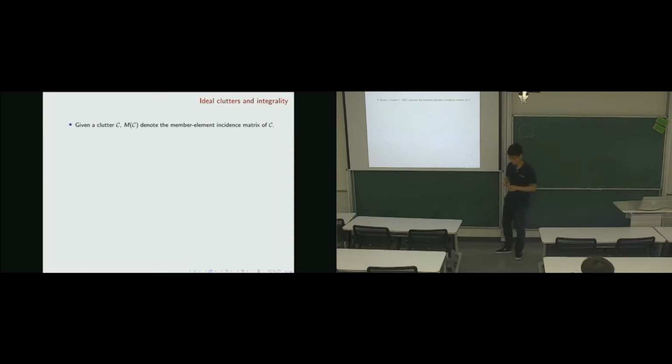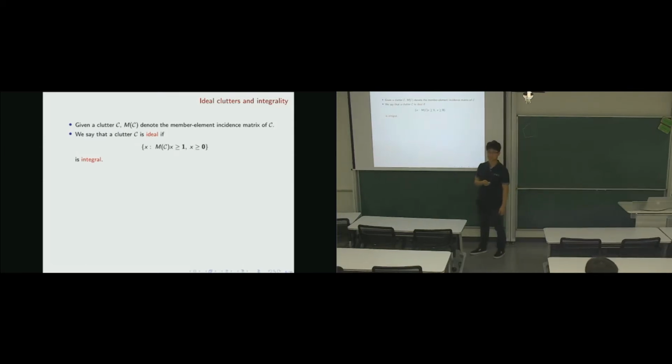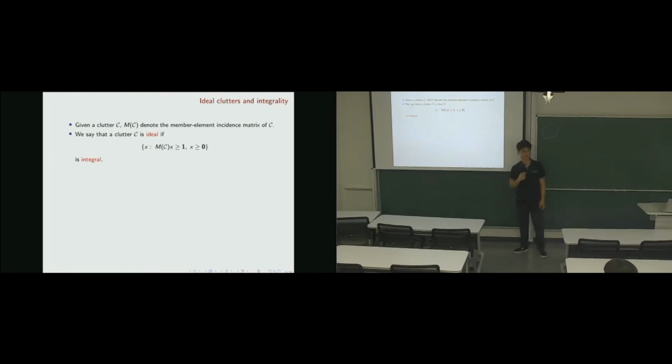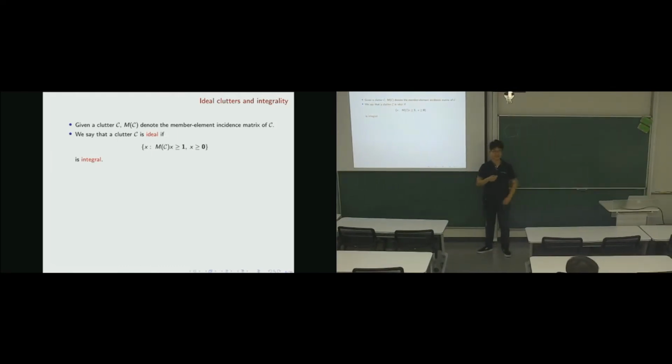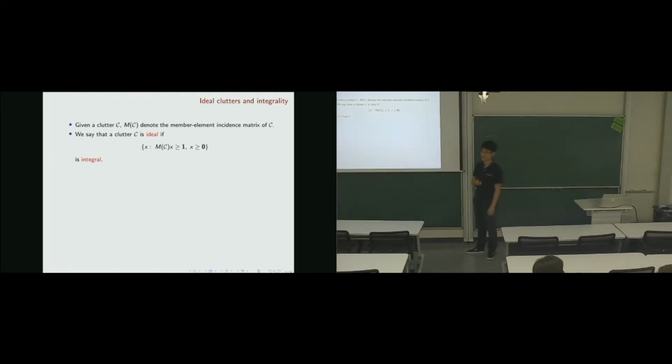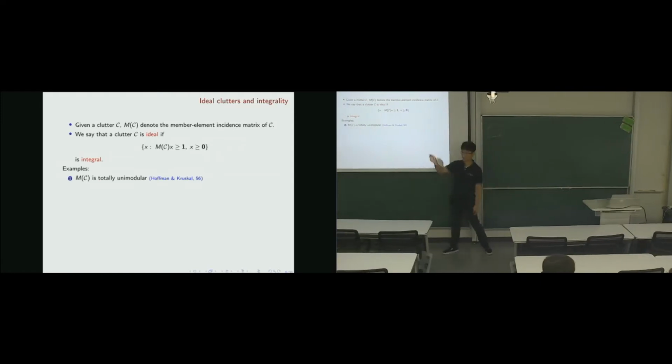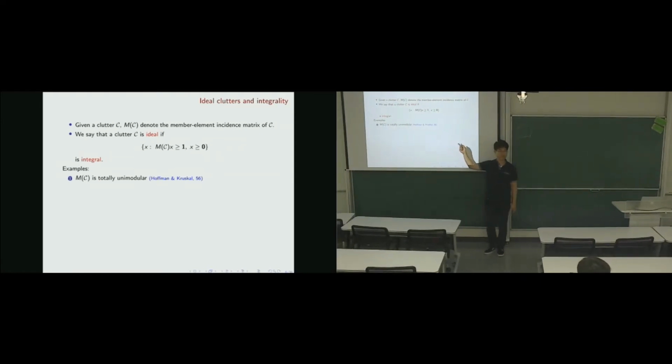And I say that the clutter is ideal if this set covering polyhedron is integral. I'm just repeating the same definition again and again. Let me give you some examples of ideal clutters. If this matrix is totally unimodular, then it's automatically integral.